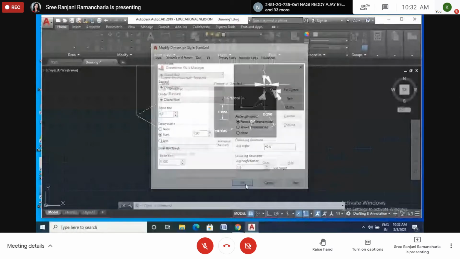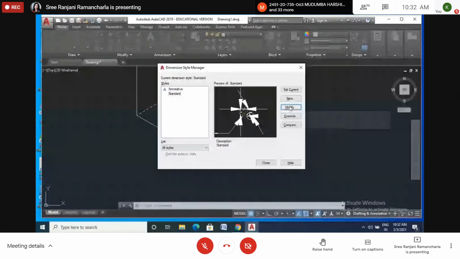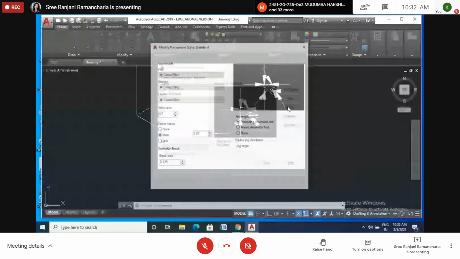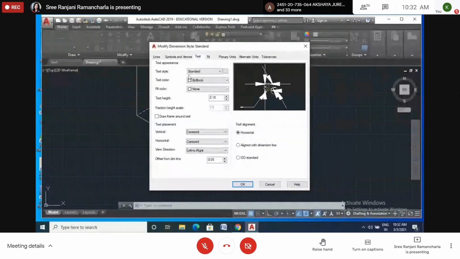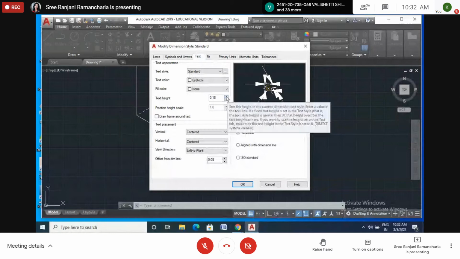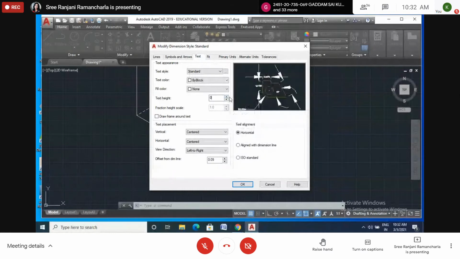What about this one, text? Text means the dimension numbers. Here you see it was very small, and here also I want to change it to 4, because in the last classes we took 4 or 3, or sometimes 5 also. So here I want to take 4.